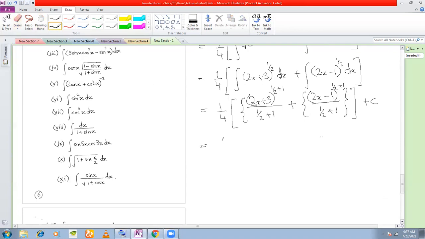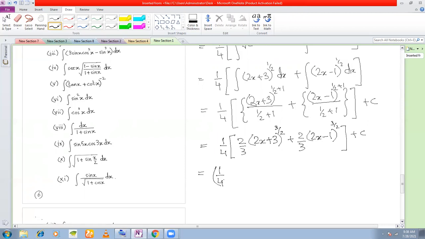So this is 1/4 of, this is in the denominator, you'll get 3 by 2, so you get 2/3. 2x plus 3 to the power of 3 by 2 plus again 2/3 2x minus 1 to the power of 3 by 2 plus c. Now you can take 2/3 out also.